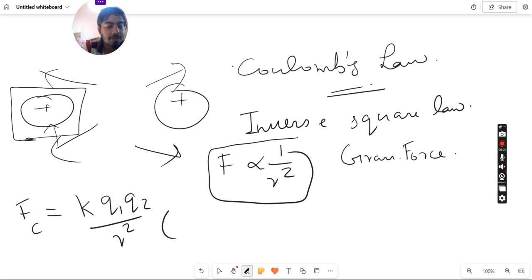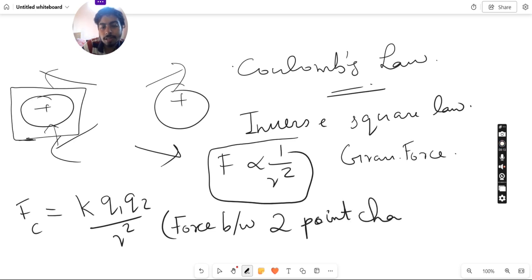This Coulomb force is basically the force between two point charges. That's what we call Coulomb's law. Now Q1 and Q2 come with sign. These are not just magnitudes. The sign basically denotes the direction of this vector.